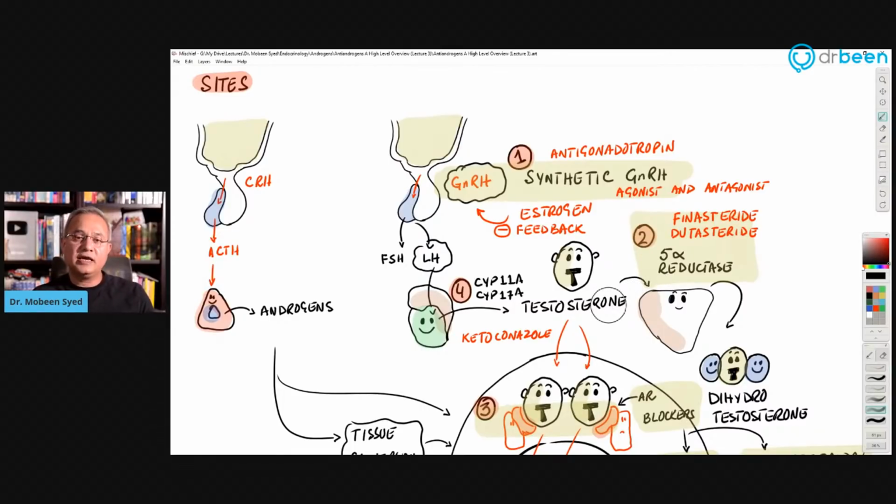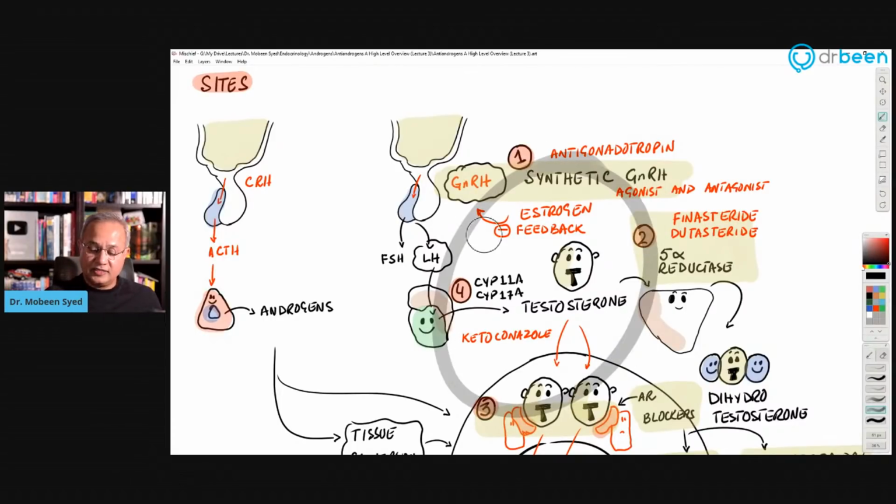So you might actually have to provide some replacement therapy as well. And you'll have to modulate how much receptor blocking, how much GnRH, and how much replacement therapy may be needed.